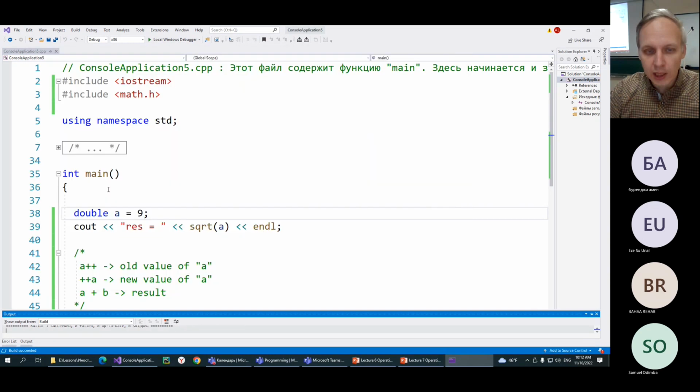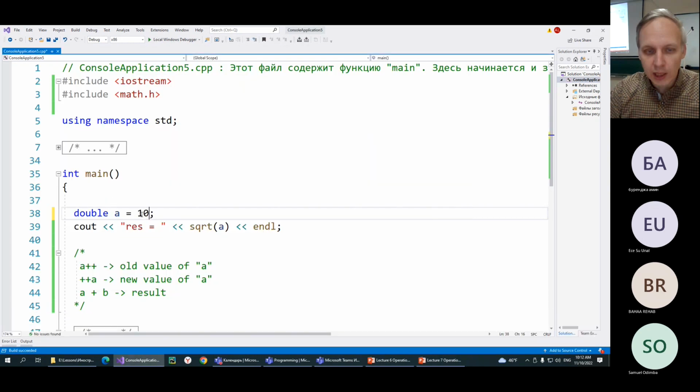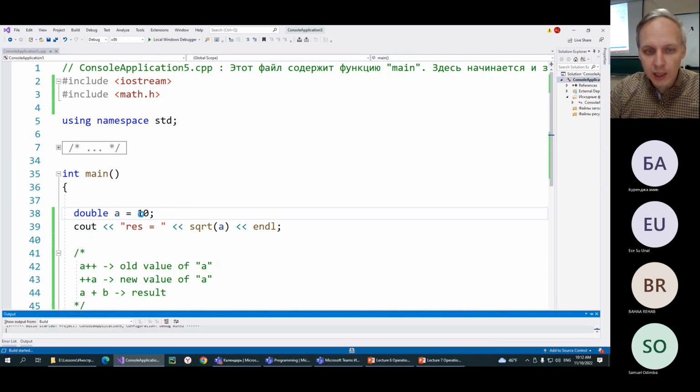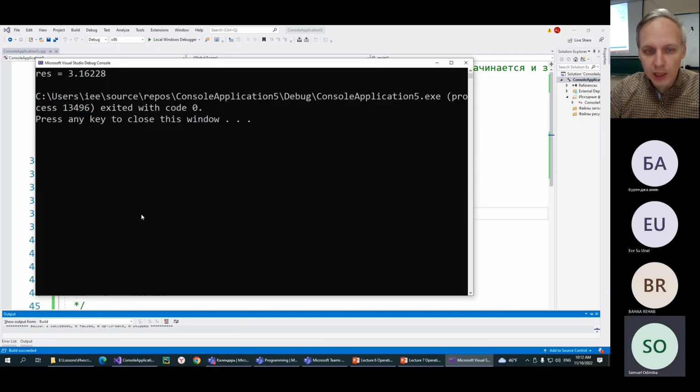But in this case, the square root of 10 should be a value a little bit greater than 3. 3 point something, 3.1, 3.16. Of course, nobody knows this value, but I can guess that it should be a little bit greater than 3.